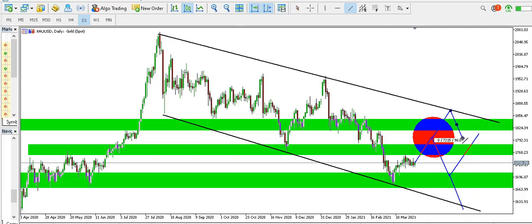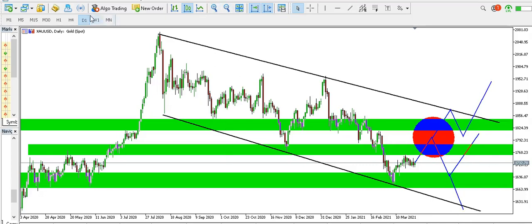Our price gets to this area and then rejects downward, or rejects to the strong support and bounces upward.